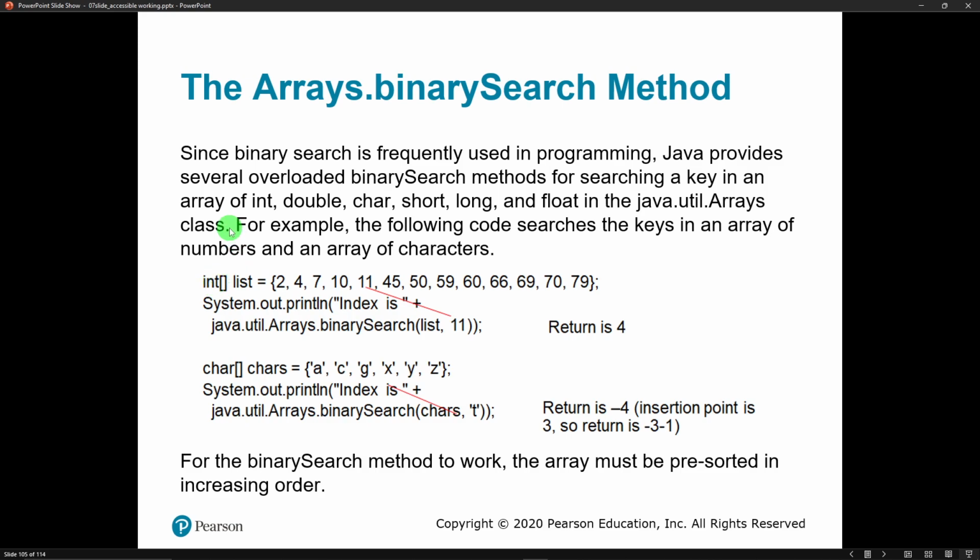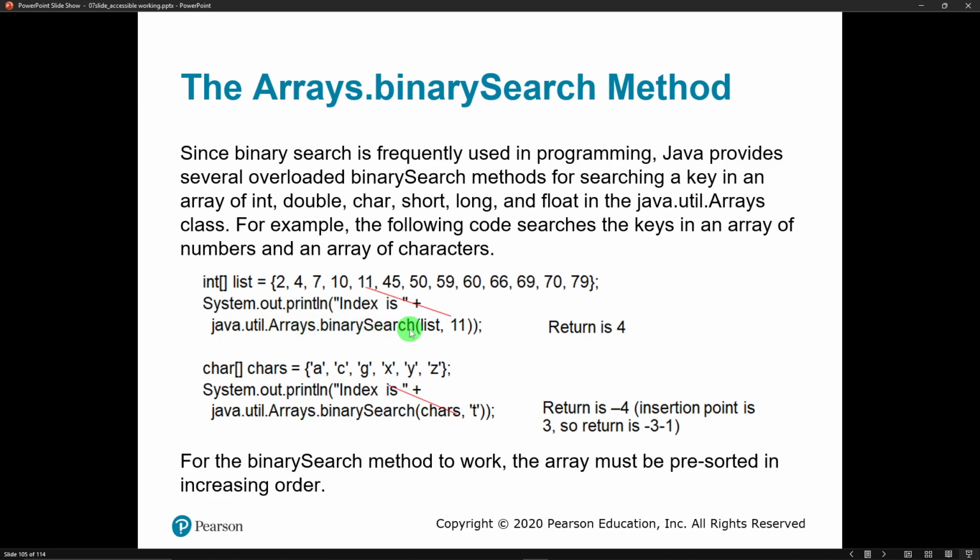How would I use it? We use it so often we don't always want to write our own binary search. You saw it. It's a little bit complicated. You really should understand it and how it works, but you can use the built-in binarySearch methods that come with the Arrays class. So here's an array called list, and we can call java.util.Arrays.binarySearch.